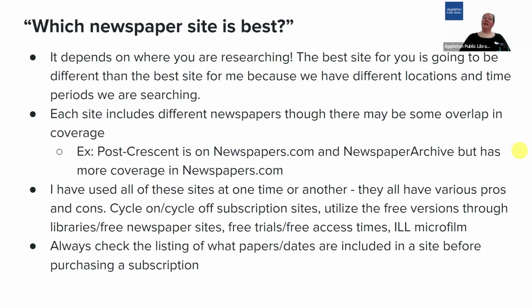Or again, you can always try to interlibrary loan that microfilm for free to the Appleton Library, or use all the other free versions of all the sites that I just showed you on the Ancestor Hunt, or the free versions that you can get through the library if you're able to. Again, you can always check the listings of what newspapers are included in these different sites before you purchase a subscription, which is really helpful to make sure they actually have the newspaper you're looking for before you shell out the $50 or the $70 for it.